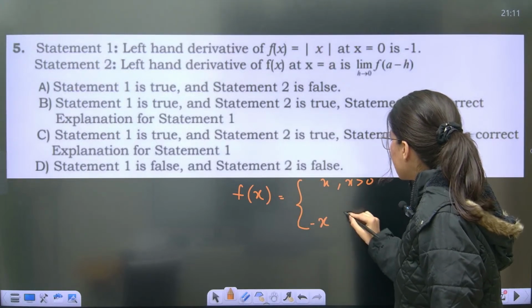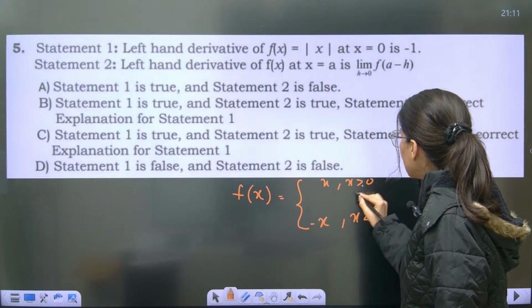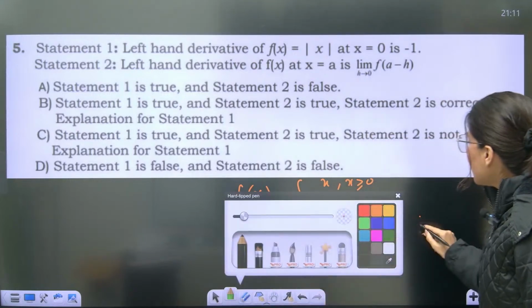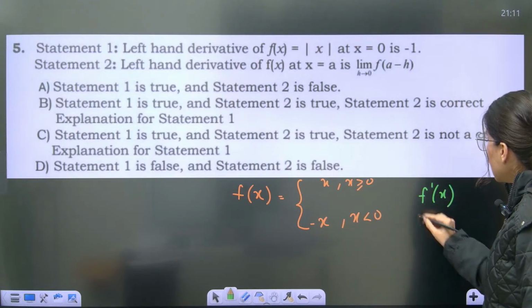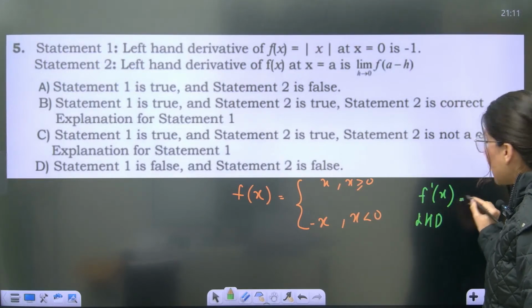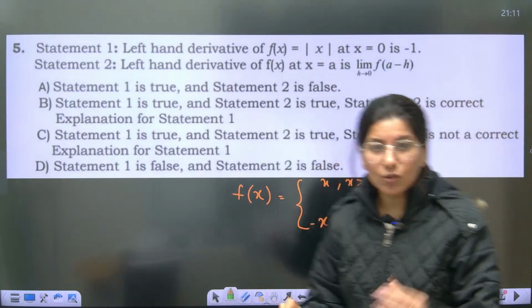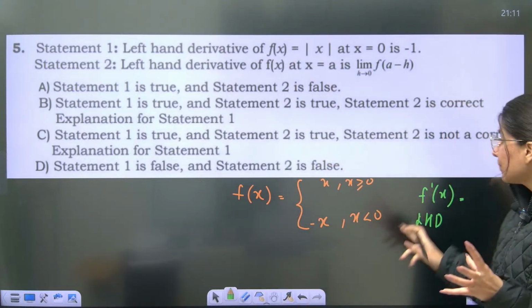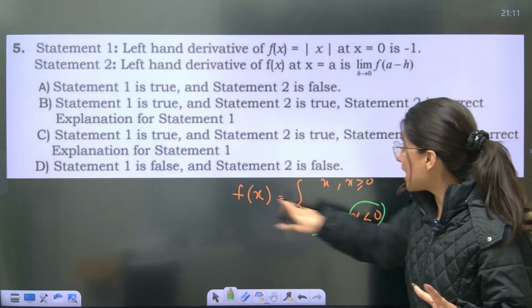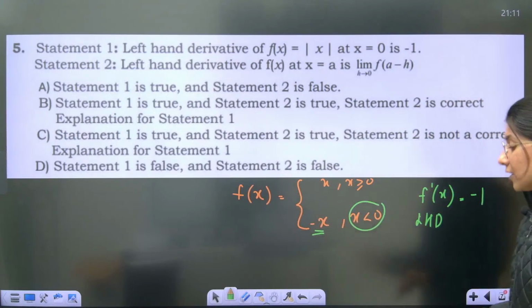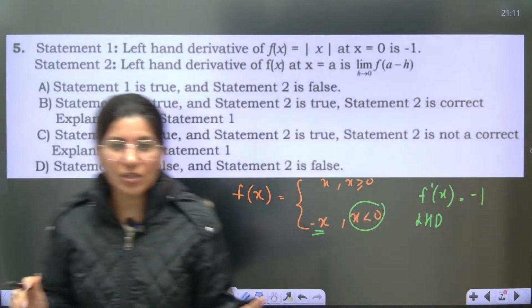Fx will be minus x when x is less than 0, and equal to 0 I can apply anywhere. Now if I talk about f dash x, and that too the left hand derivative, that means x less than 0. So there is this shortcut. So x less than 0, that means this. So we need to differentiate this. F dash x is equal to minus 1. So the left hand derivative of this question is minus 1.